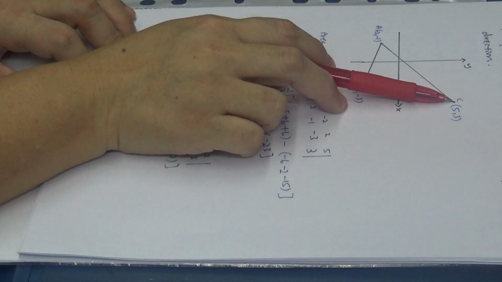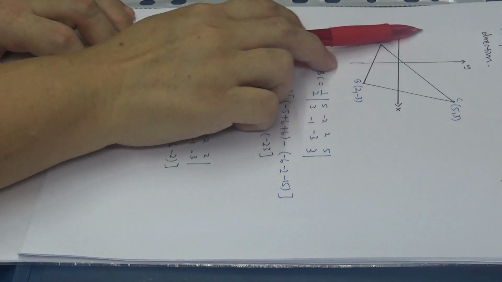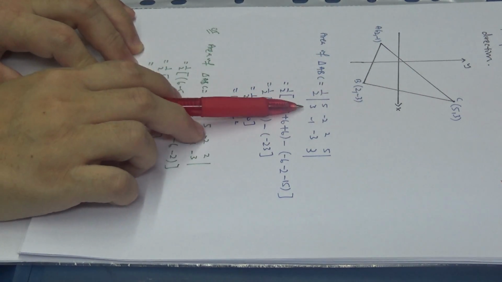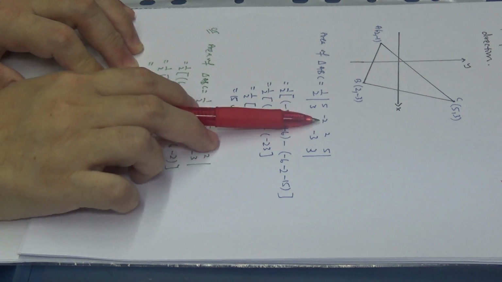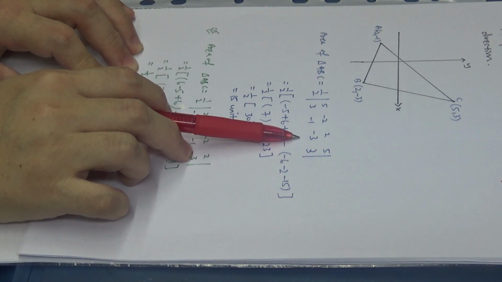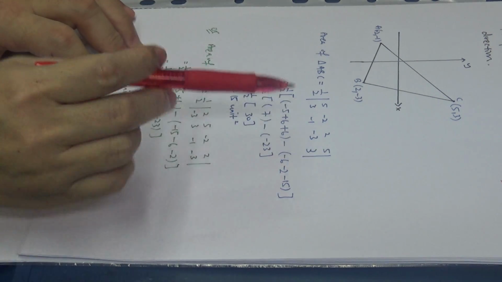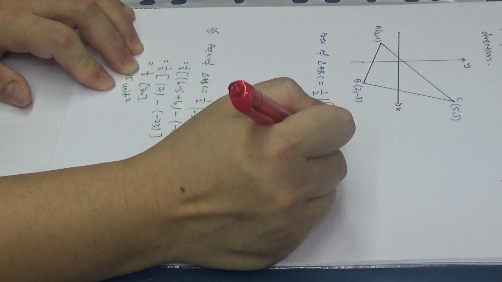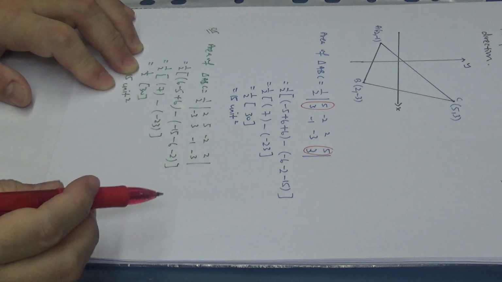For example, I start from C. Anti-clockwise will be this way. So I must start from C, 5, 3, A, -2, -1, B, 2, -3, and you must end off with C again, 5, 3. This set and this set must be the same, okay?